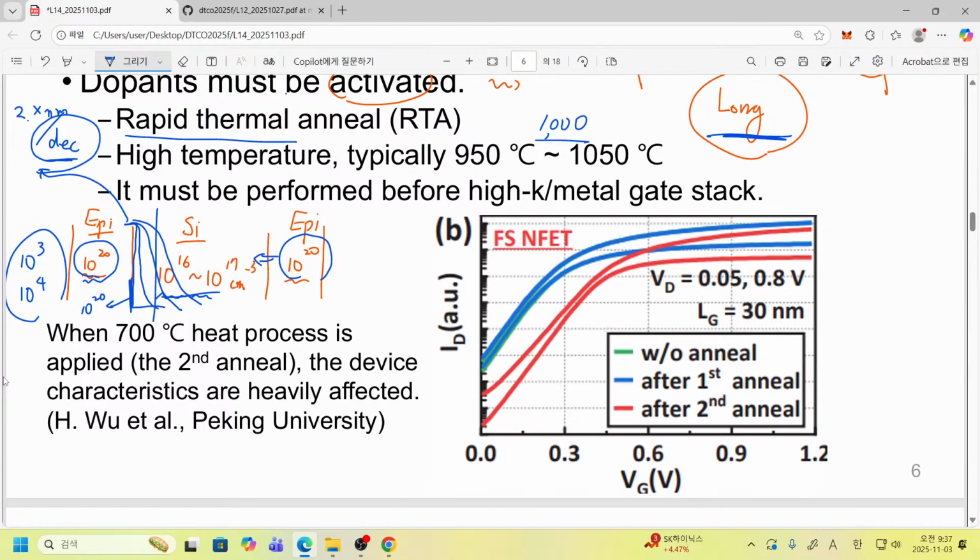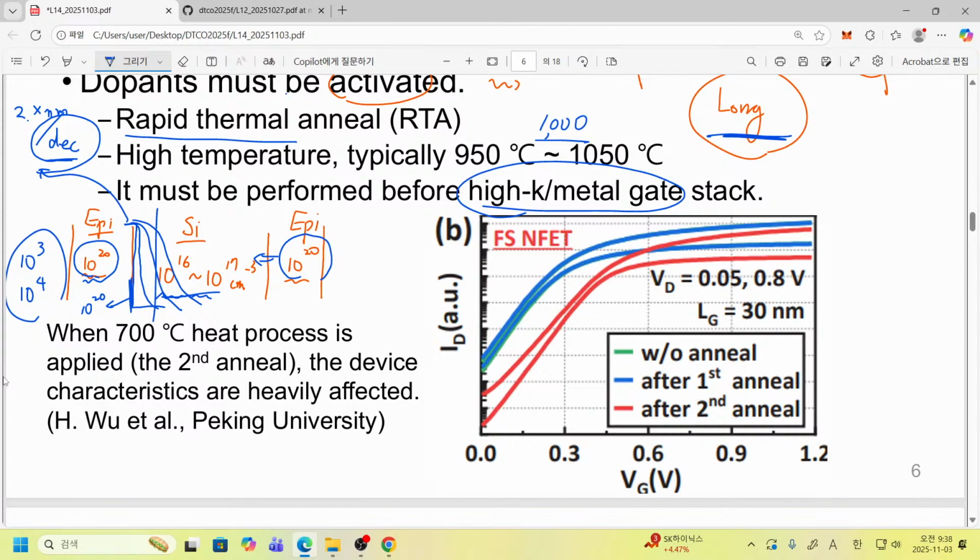It means that later we must perform this high K metal gate formation. Please note that up to now we have just made a dummy gate, which will later be replaced with this high K metal gate stack.